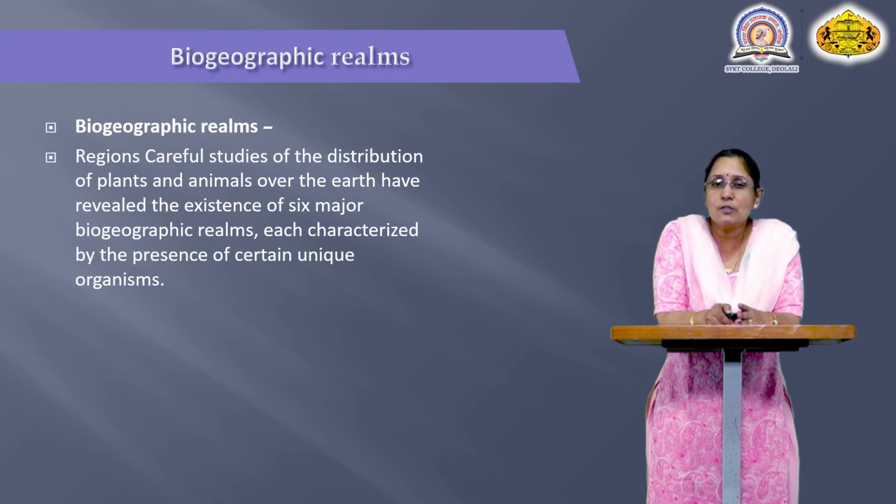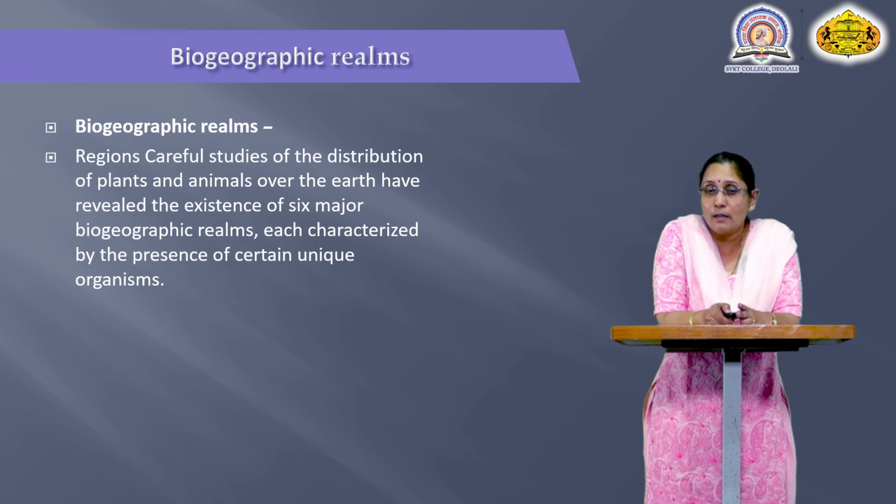So in these regions, we can carefully study the distribution of plants and animals, the specific distribution of the plants as well as animals. And as per this distribution, it has been observed that 6 major biogeographic realms are there, where each is characterized by the presence of certain unique organisms.